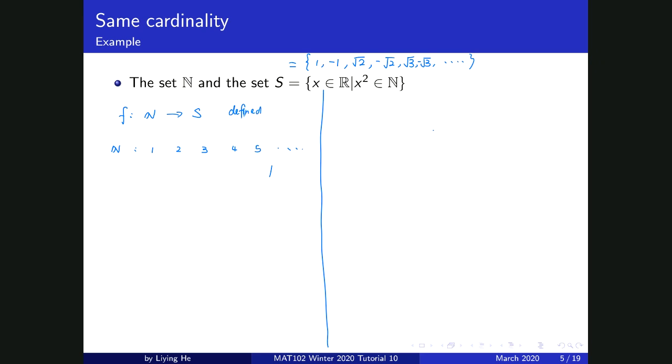like this. We map 1 to 1, 2 to -1, 3 to square root of 2, 4 to negative square root of 2, 5 to square root of 3, and so on.